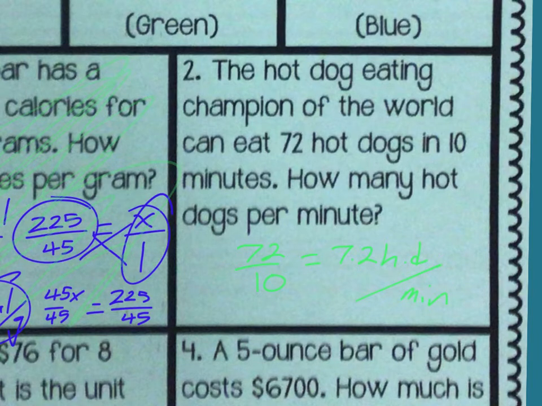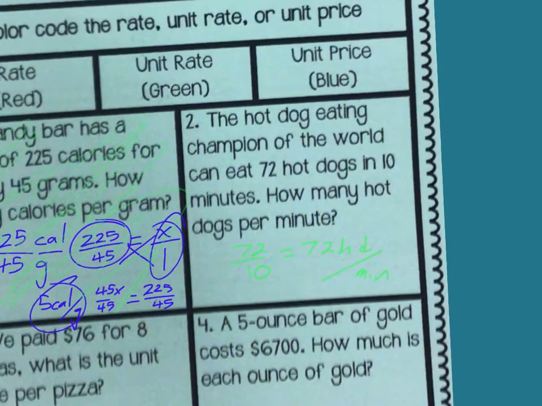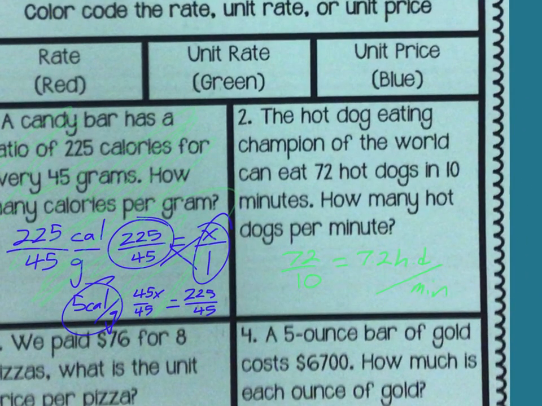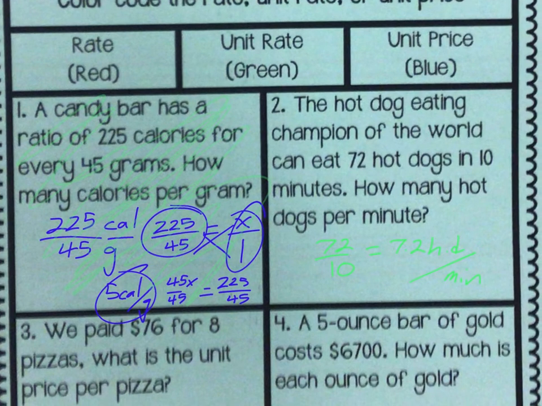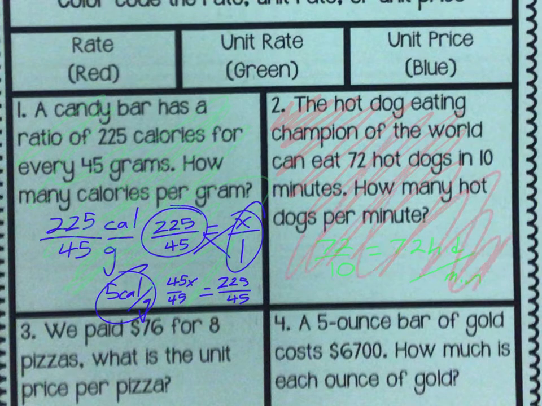Is this a unit rate? It's a rate. It would be red because it's not an exact number. It's 7.2 per one.